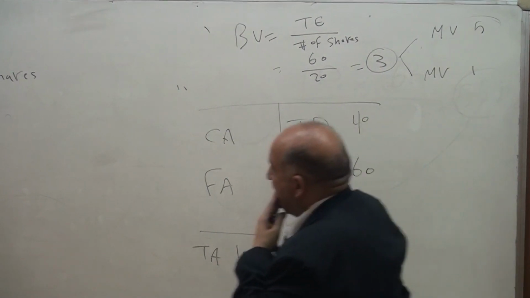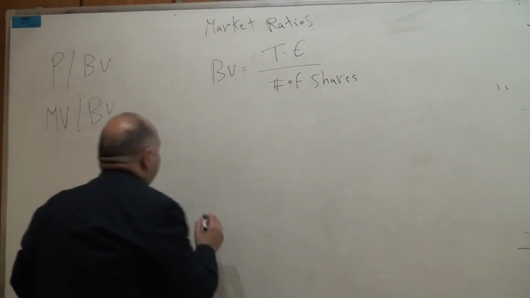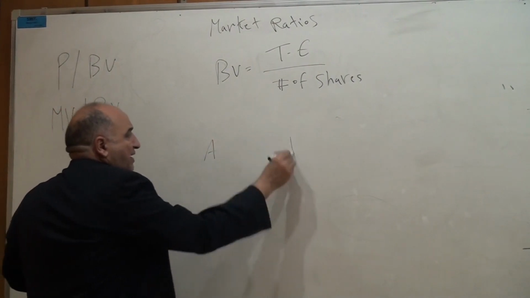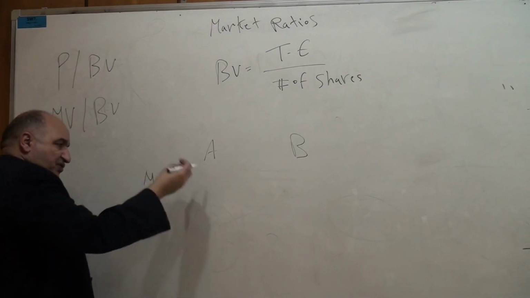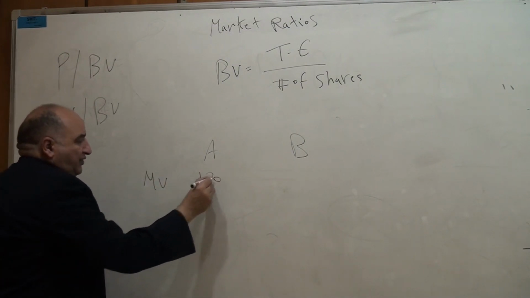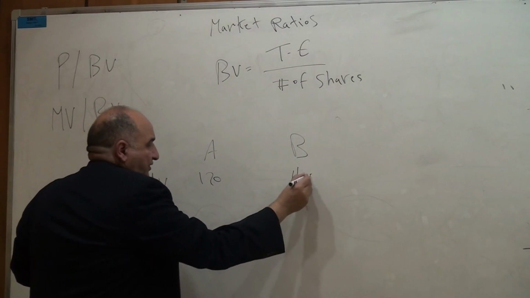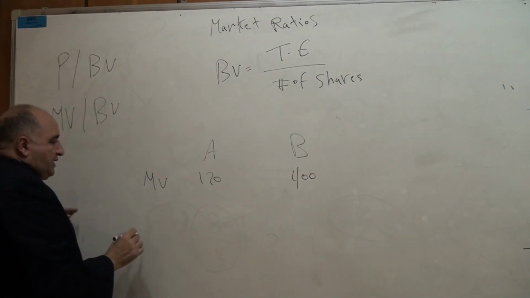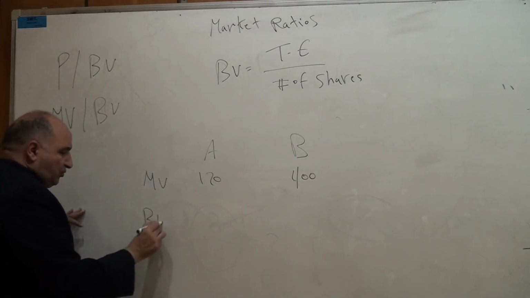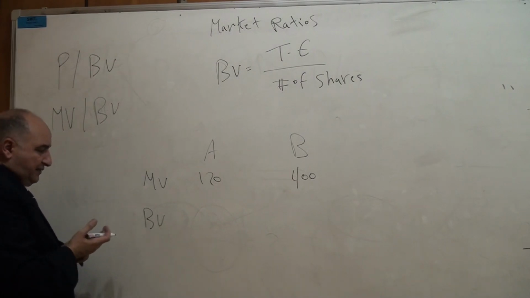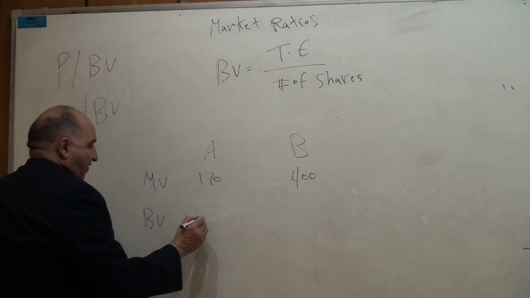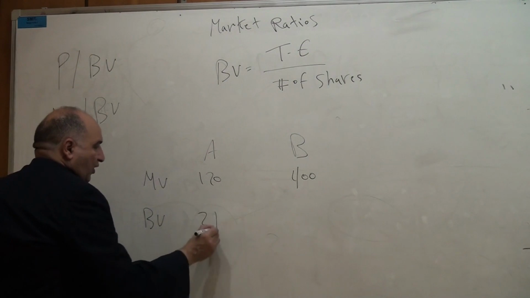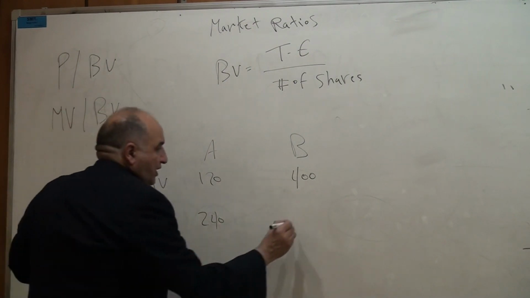طيب. In this case, if we have two companies, A and B, the market value, السهم في السوق, here 120, here 400. The book value, قيمة السهم في الدفاتر, here 240, here 100.